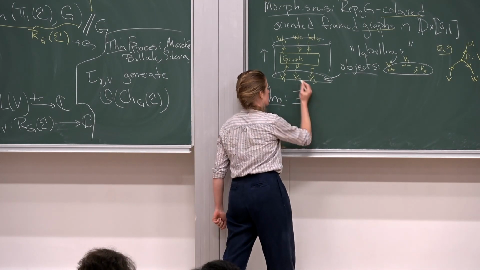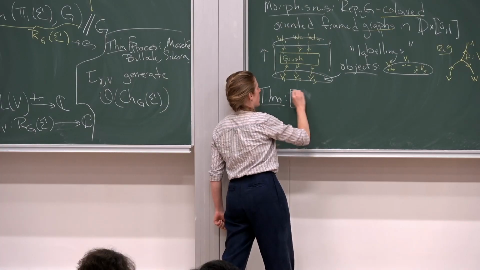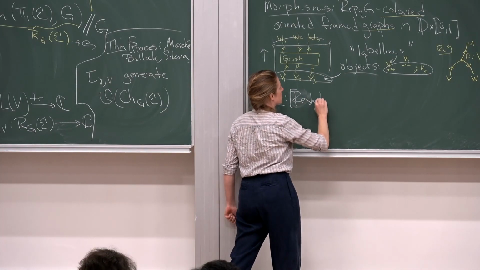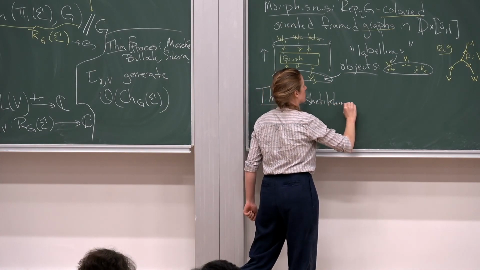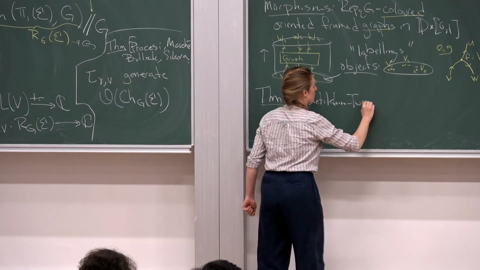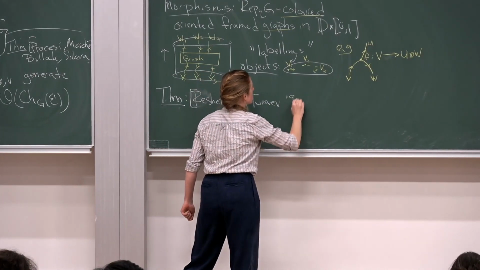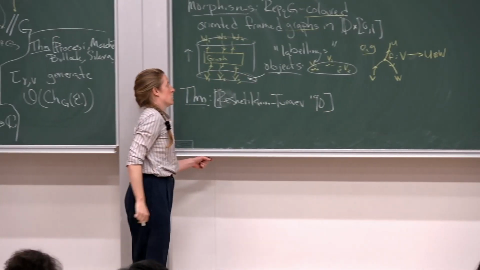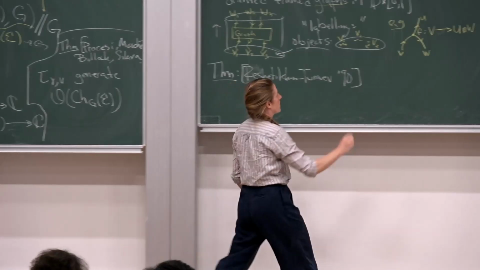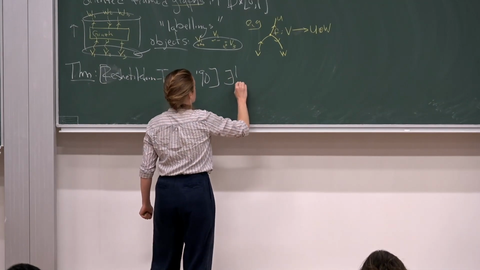And here's this functor. This is a theorem by Reshetikhin and Turaev, 90, which is that there exists a unique functor.